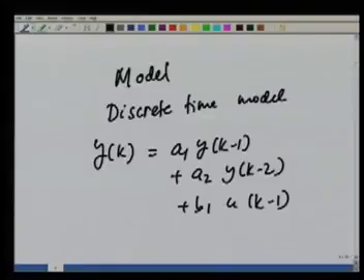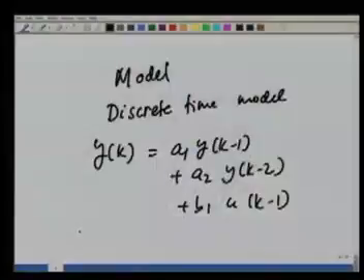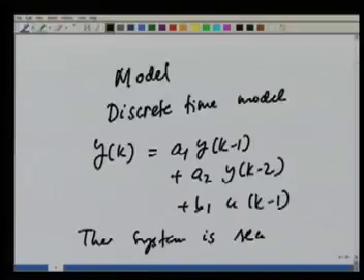So, if I have such a dynamical model and I want to fit this dynamical model to a system about which I have some a priori knowledge that the system is second order.